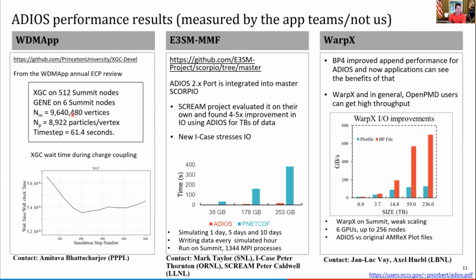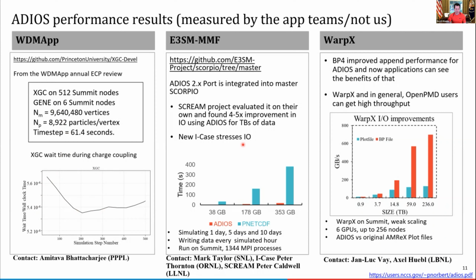When we were doing the strong coupling of the GENE code with XGC, the time spent in the coupling, the overhead compared to wall clock time, is down to 10 to the minus 6 seconds, which is basically, who cares. And then this is work we did with Mark Taylor's project.